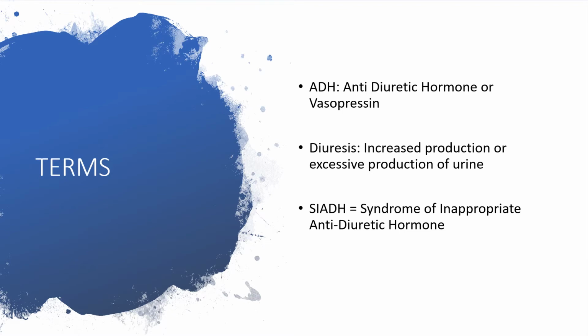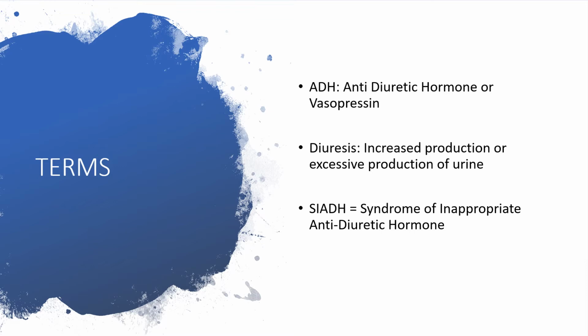So let's go back to ADH again. So something working in the opposite direction of diuresis is the ADH. So if diuresis is increased production or excessive production of urine, it means ADH is preventing increased production or excessive production of urine.